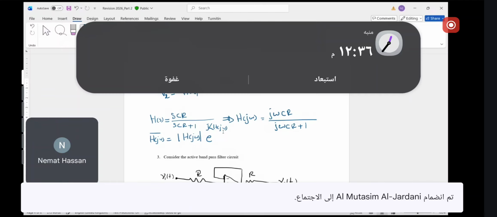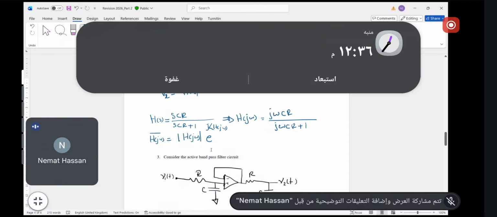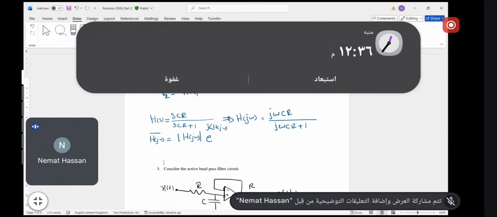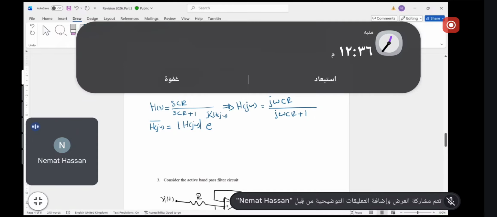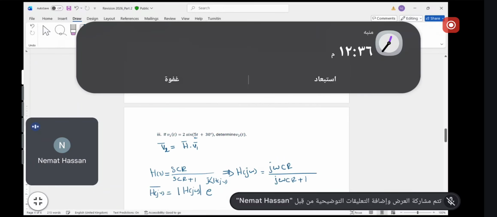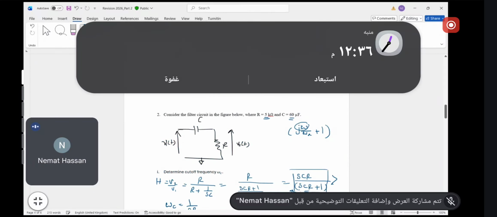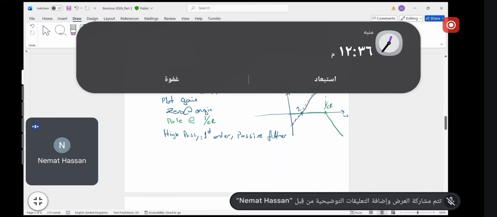So we have to find the magnitude and the phase of the system. All I have to do is substitute values. I know the value of C, R, and omega. What is omega? 5, given in the question. C is 60 micro and R is 5 kilo.